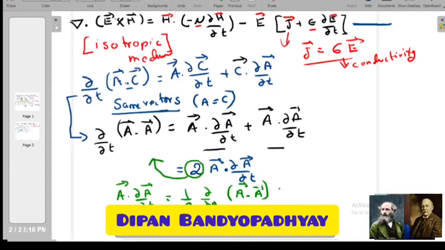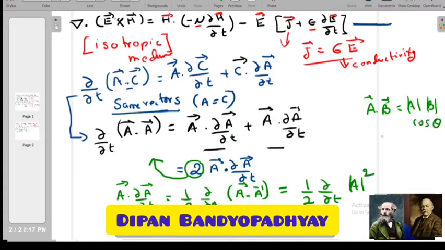Now this A dot A, how can I write? I can write it as half del t, and it is mod A square. Mod A square, because you know A dot B, say any two vectors, the dot product will be mod A mod B cos theta.